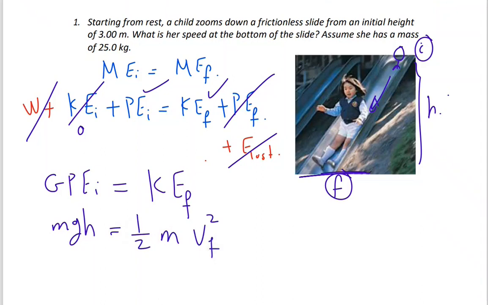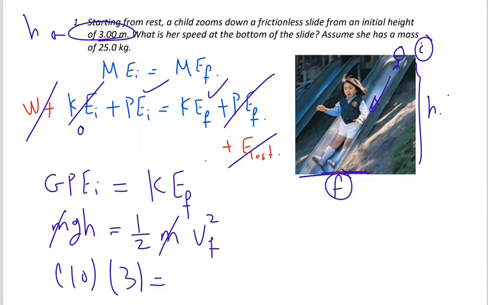It's the same girl with the same mass, so m and m cancel out. G, free-fall acceleration, we'll take as 10. The initial height h is 3, so 3 equals half v final squared.